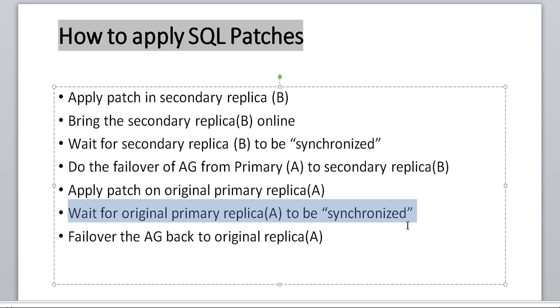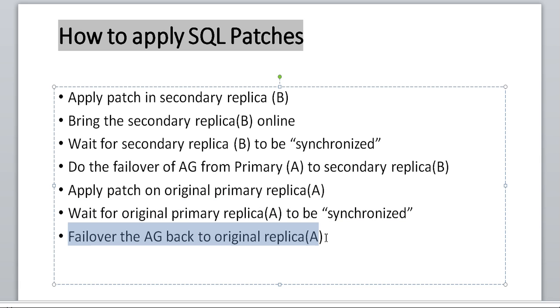Once the synchronization is done, fail over again back. So now both instances are patched with the new patch. So this is the patching approach. It's common, which we used for mirroring also, even the cluster also, right?